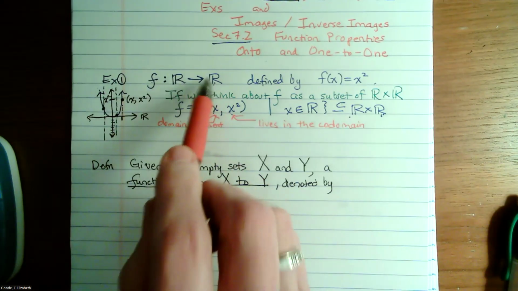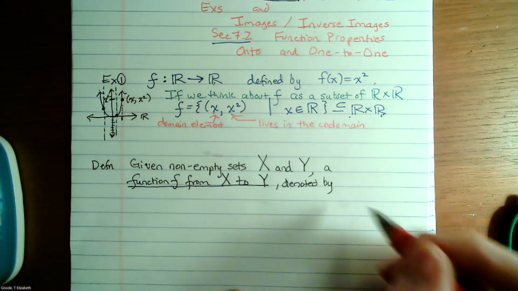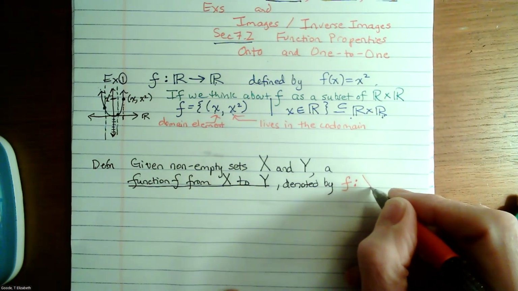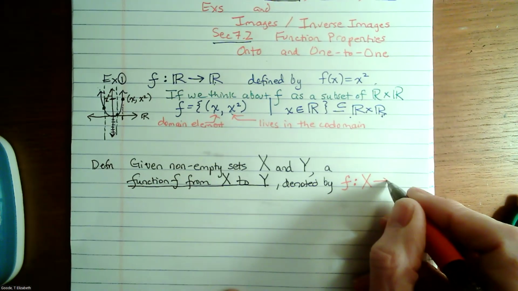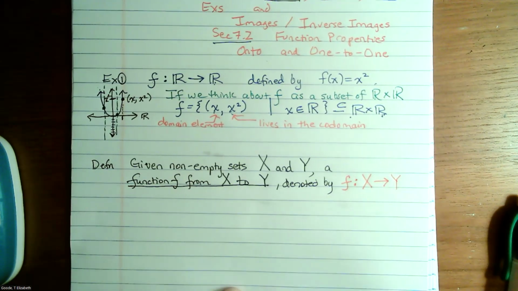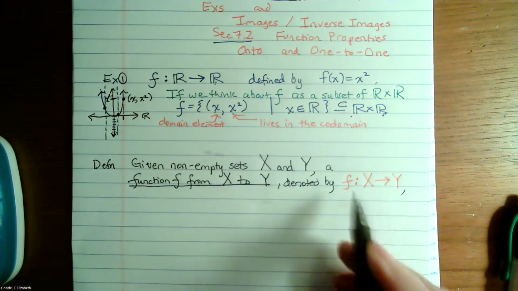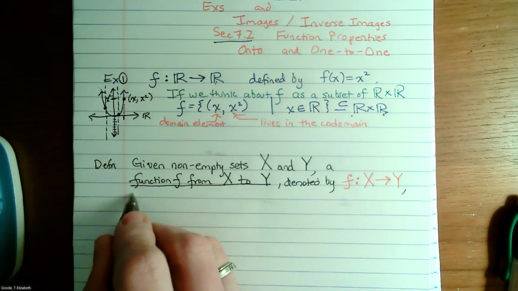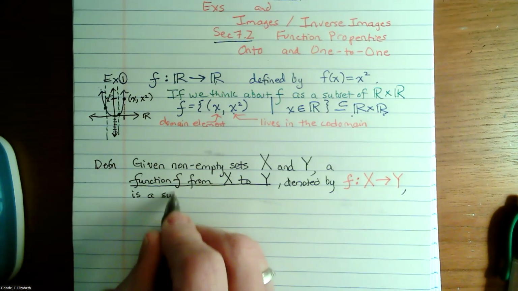We only use this notation if we're talking about functions. So it'd be denoted by f colon X arrow Y. And we read this, f from X to Y, is a subset of X cross Y.